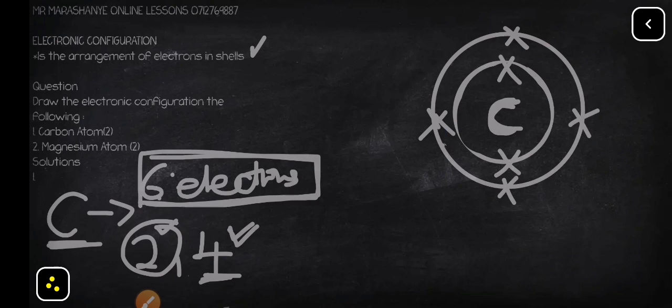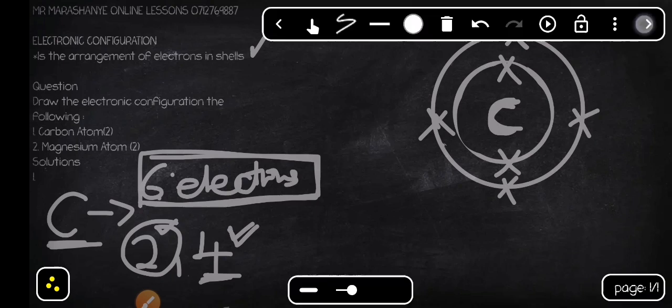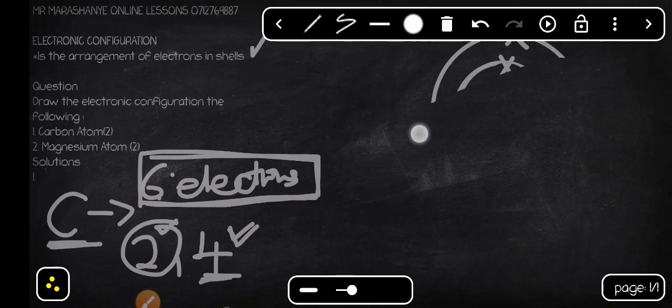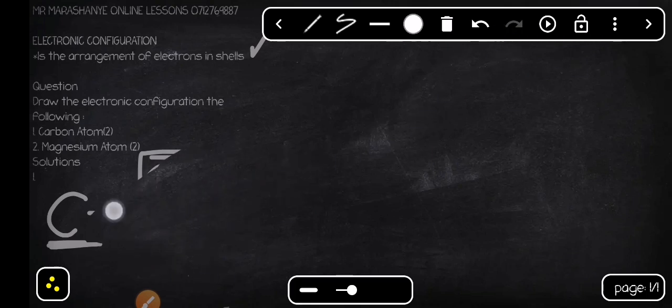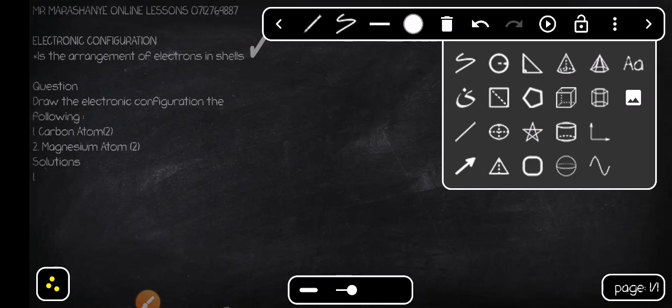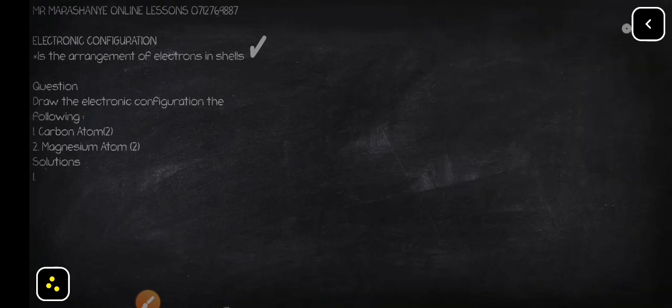Okay, then let me draw the electron configuration for magnesium atom. Magnesium atom has 12 electrons.